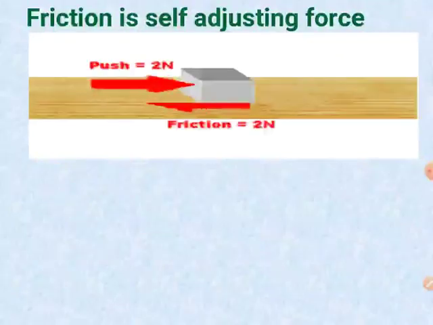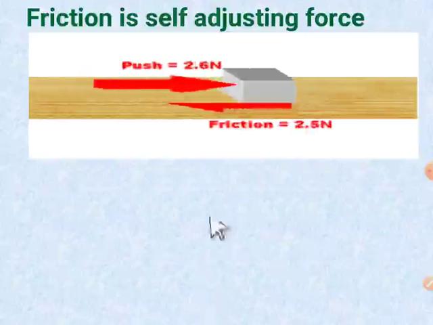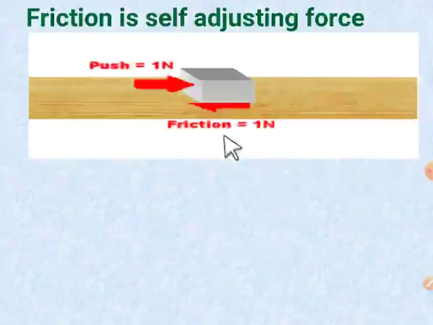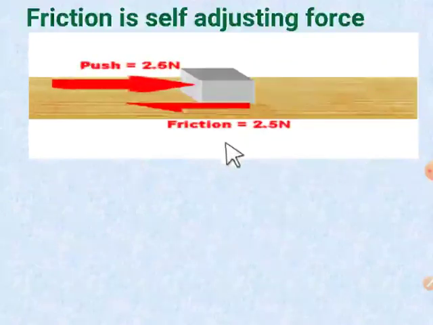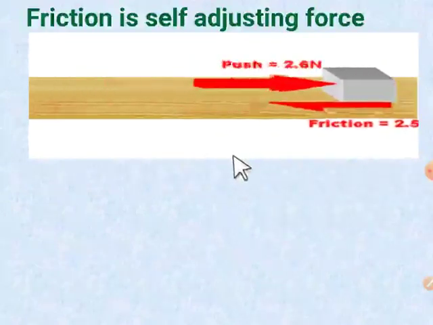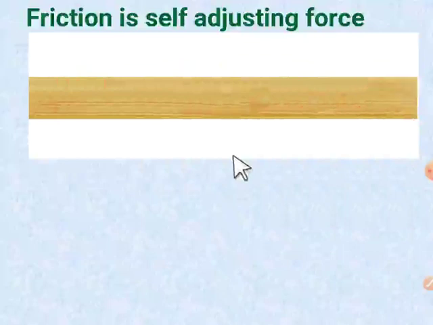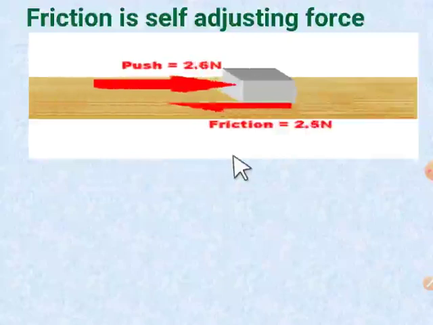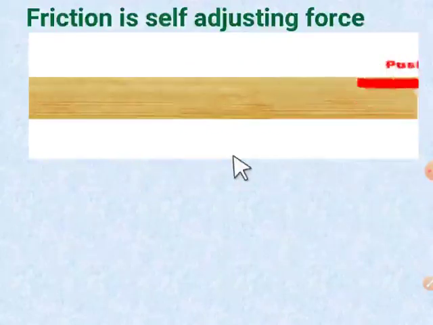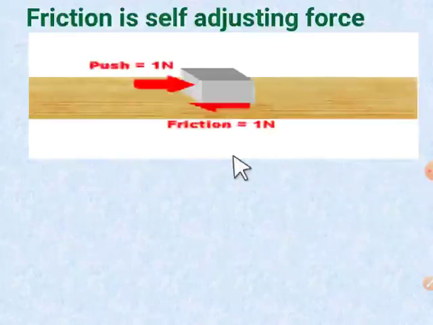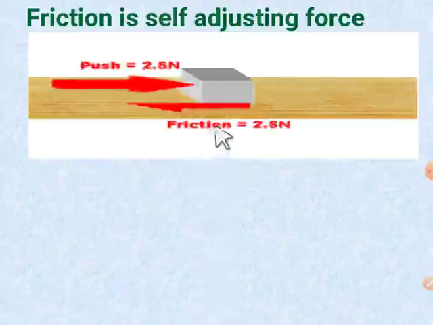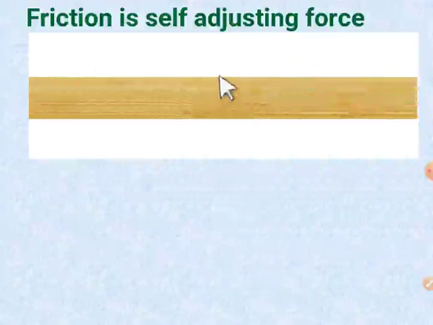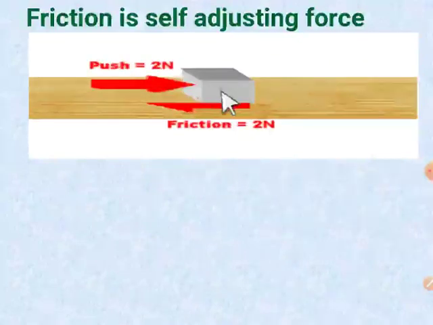When a body is placed over another surface and you keep on increasing the applied force, the body may not move. Before the body actually moves, the frictional force adjusts itself with the applied force. In this diagram, as the force increases from 2, 2.1, 2.2, 2.3, 2.4, until it reaches 2.6, the body doesn't move.